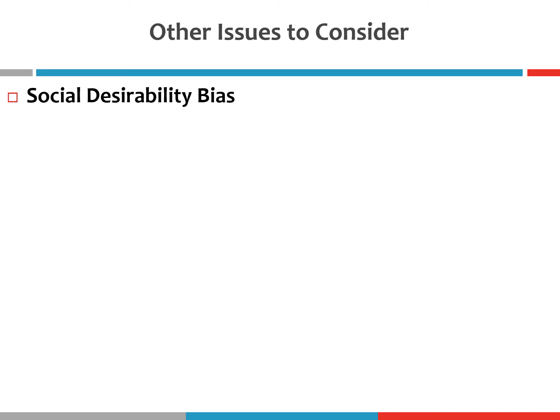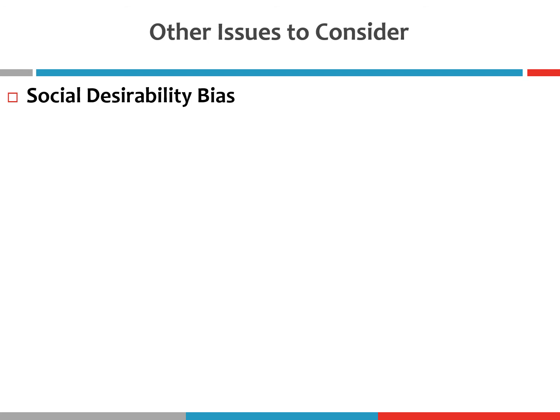So social desirability bias occurs when a respondent is driven to give a response that is socially acceptable or will protect them from the possibility of judgment on the part of the experimenter or on the part of anyone reading his or her response, right?